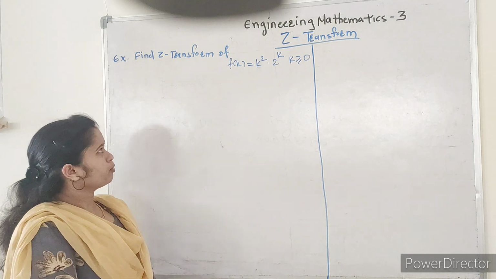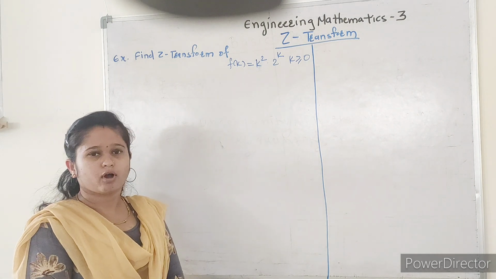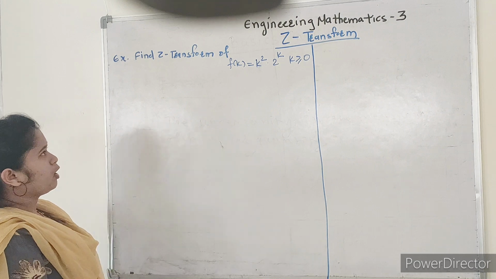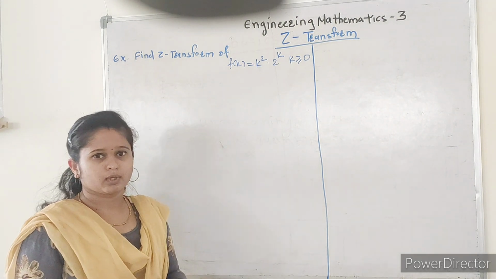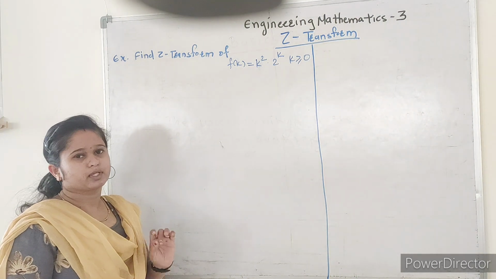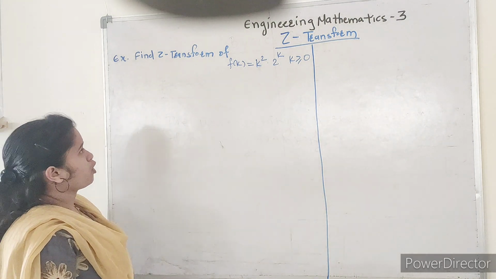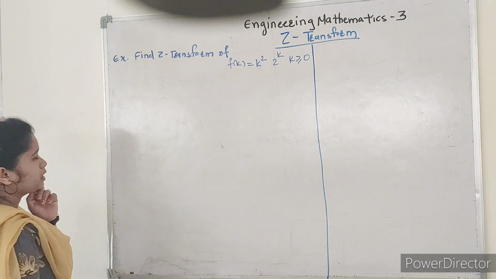Find Z transform of k square into 2 raised to k for all values of k greater equal 0. We have to find Z transform for this sequence by using standard sequences and properties of Z transform. So first we check which property we can apply here.